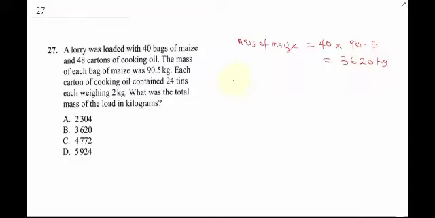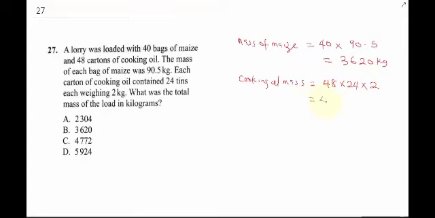Okay, then for the cooking oil mass, now notice it says there are 48 cartons of cooking oil and each carton contains 24 tins weighing 2 kg. So it's going to be 48 multiplied by 24 multiplied by 2.